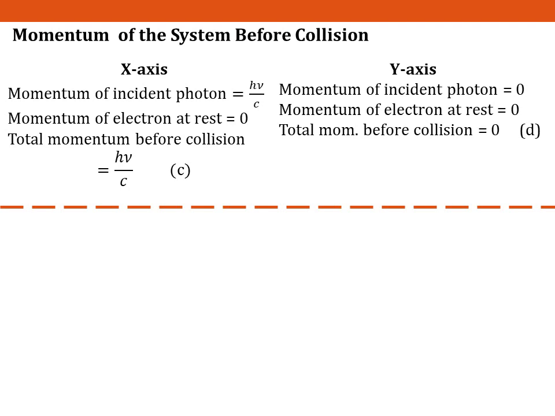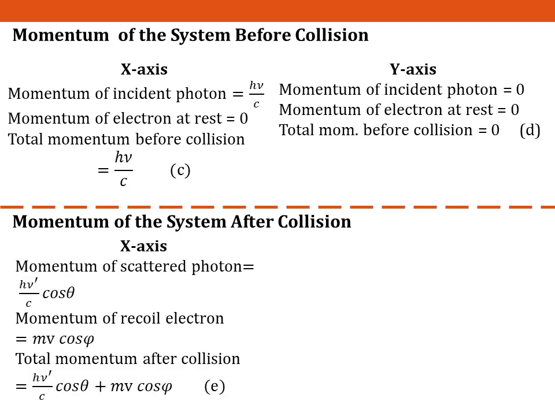We call this equation D. Looking at the momentum of the system after collision, we have the two particles, the scattered photon and the recoil electron. Let us look at their contributions to the x direction. The momentum of the scattered photon is given by h nu prime by c cos theta and the momentum of the recoil electron is mv cos phi.